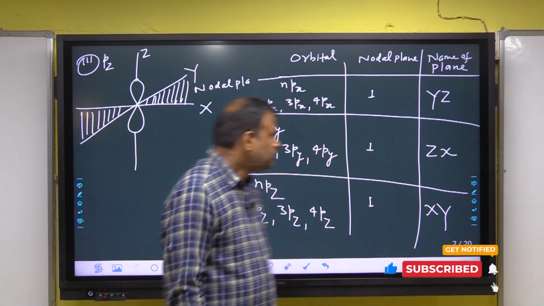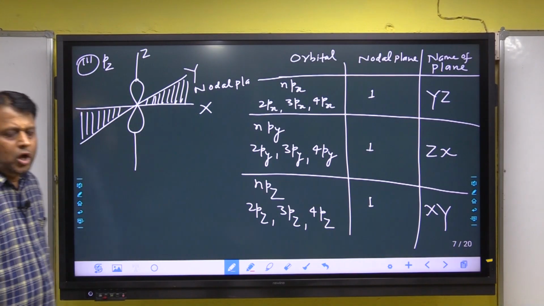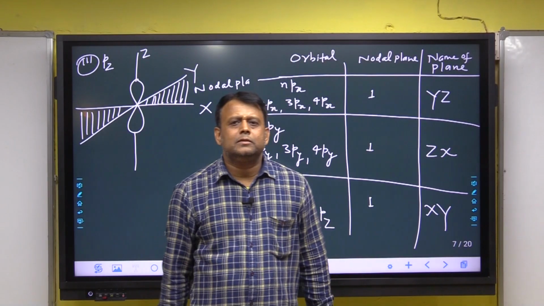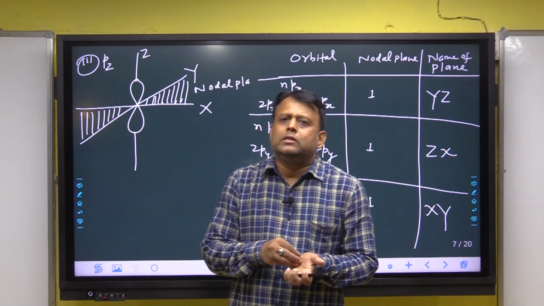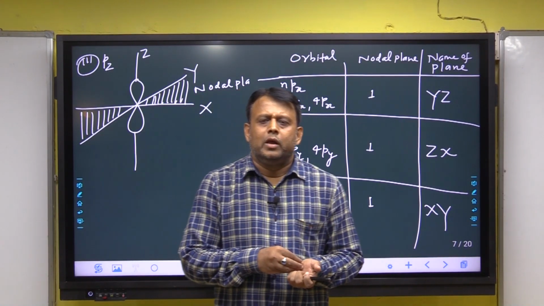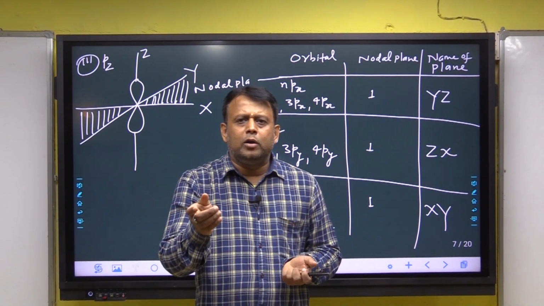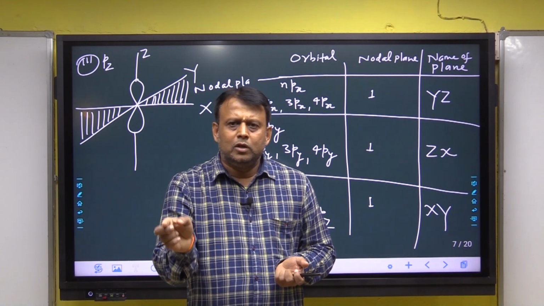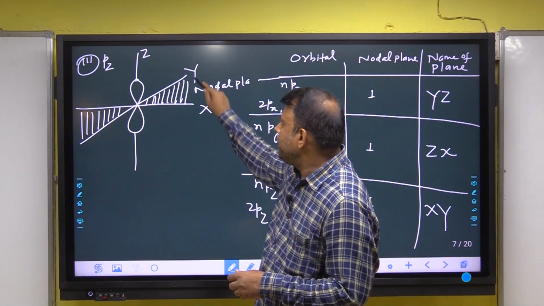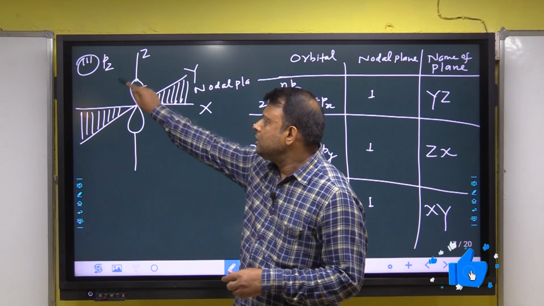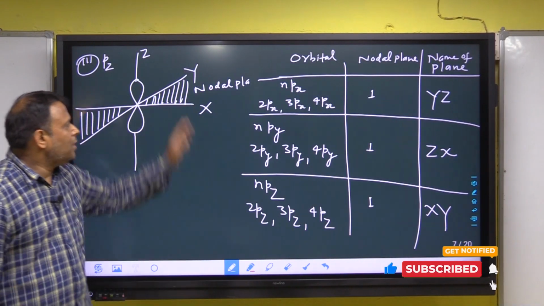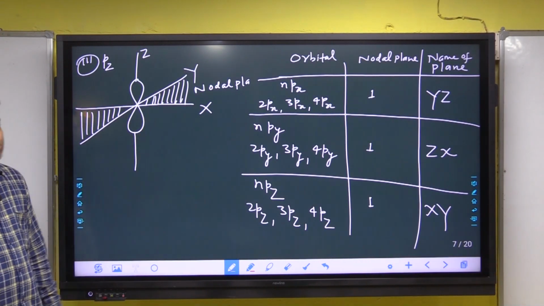Now, for pz, pz orbital means the dumbbell lies on the z-axis, and when the dumbbell lies on the z-axis, the electron may be found between yz and zx, but never found between xy, and hence for pz orbital, xy plane is called the nodal plane.